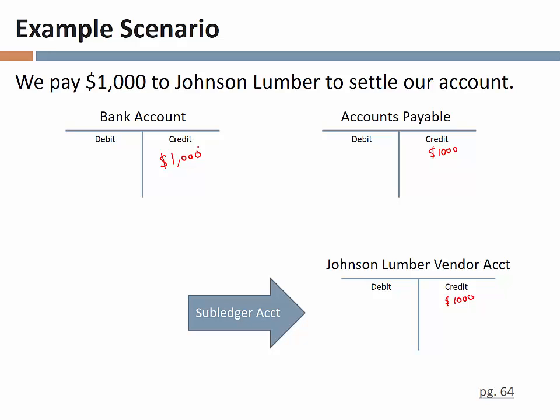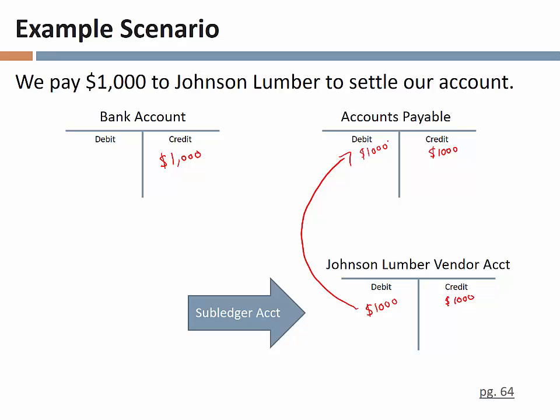It doesn't really matter, but I now have $1,000 less than I had before. The offsetting entry then is a debit to Johnson Lumber for $1,000 that will be automatically populated by the system up to a debit for $1,000 in the reconciliation account.